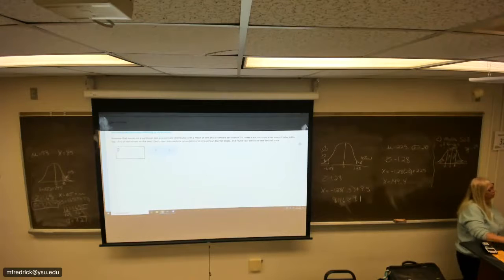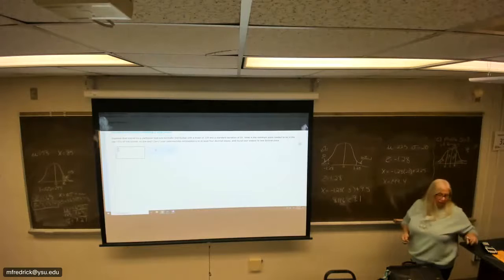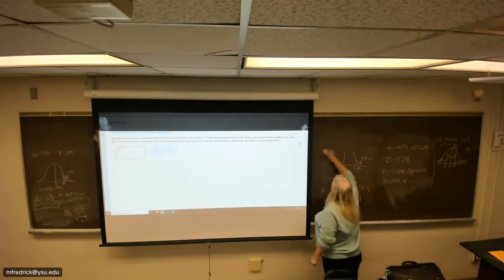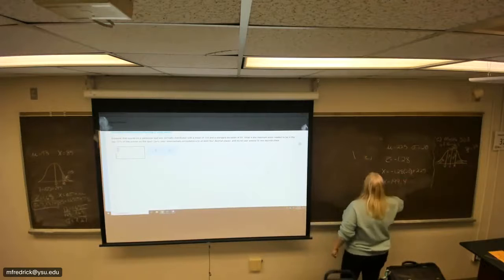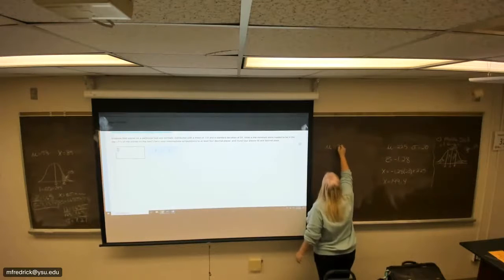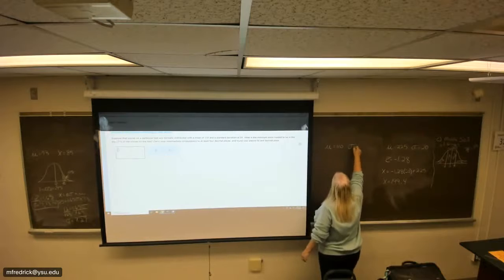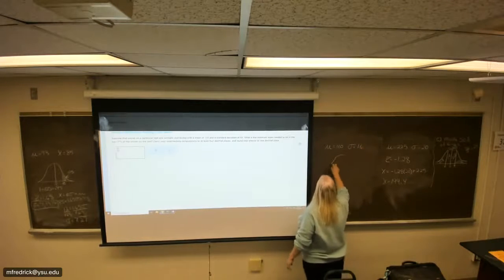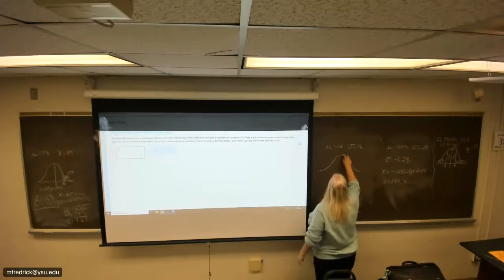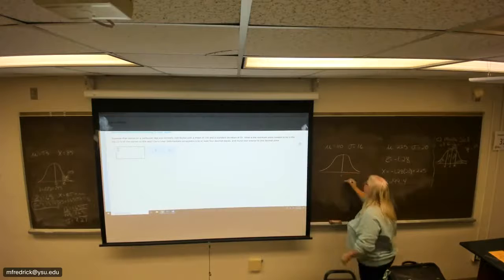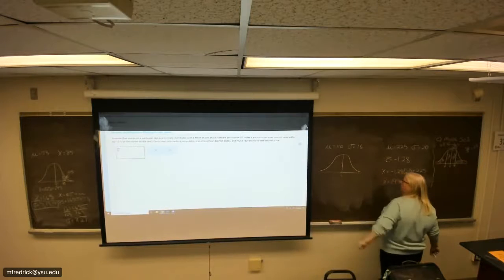Suppose the score on a particular test is normally distributed with a mean of 110 and a standard deviation of 16. So decide where our 15% is. Is it in the top half or the bottom?